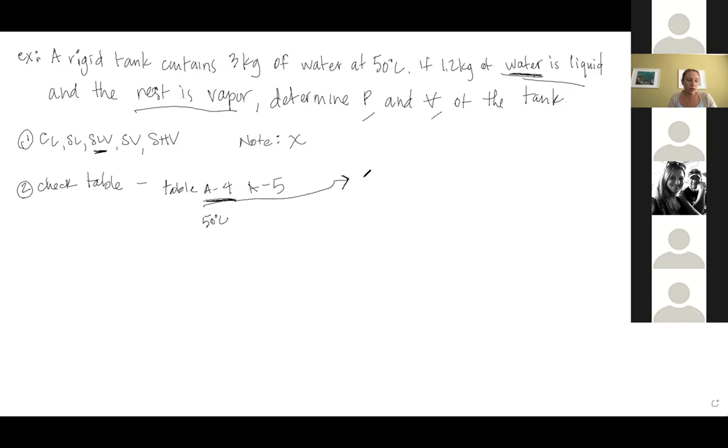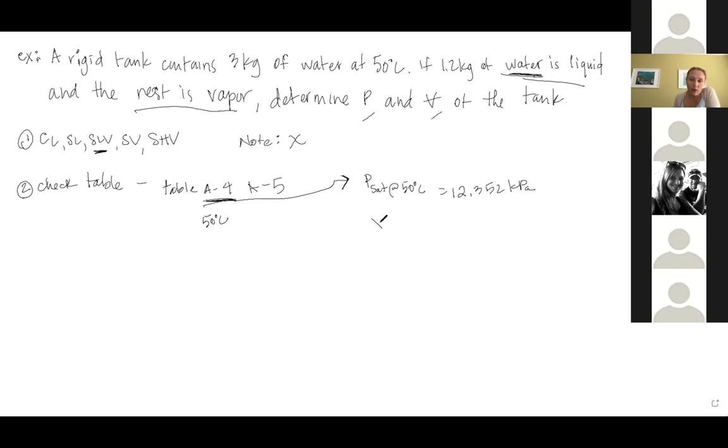So at my saturation pressure at 50 degrees Celsius, which is just go to 50 degrees and then look at the corresponding pressure, this is 12.352 kilopascal. So at this temperature of 50 degrees Celsius, this is my corresponding saturation pressure. And then I also have information about volume.